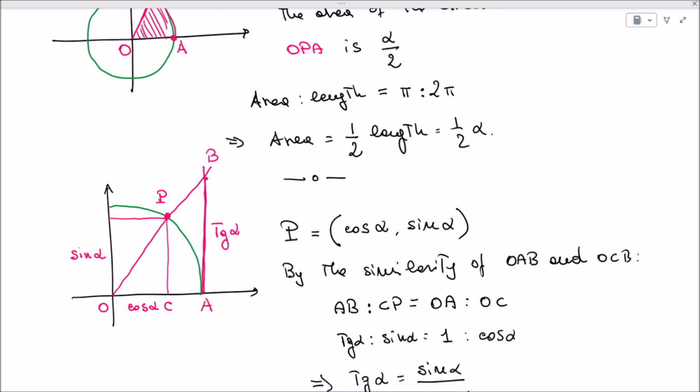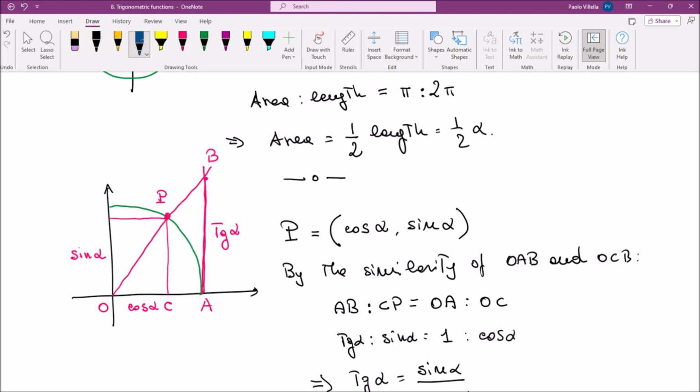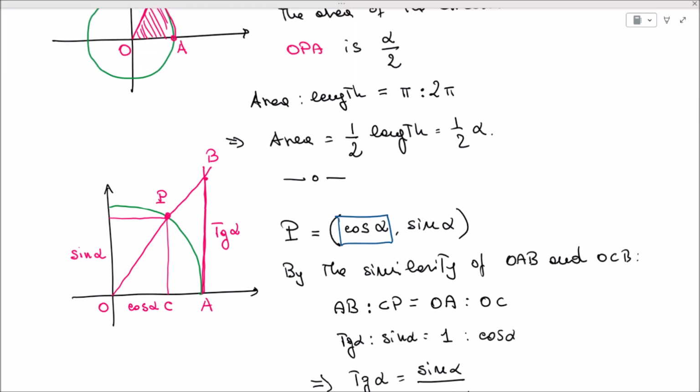So we have defined for the point P three functions: cosine of alpha, sine of alpha, and tangent of alpha.